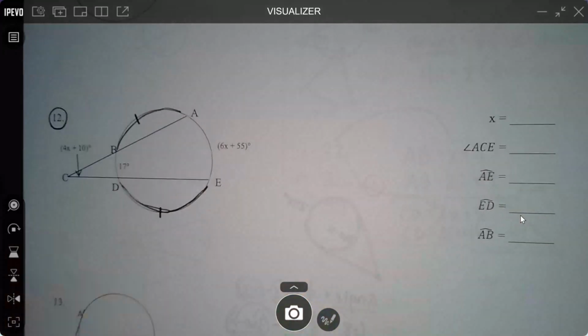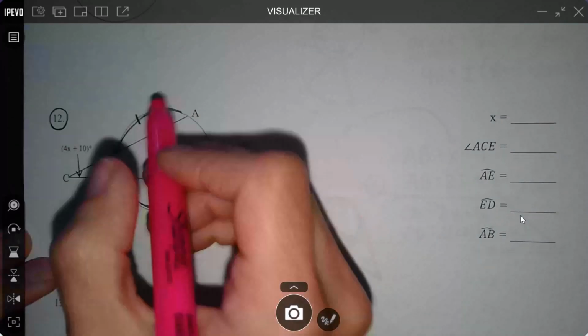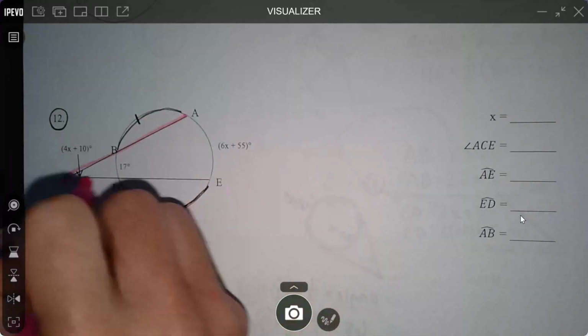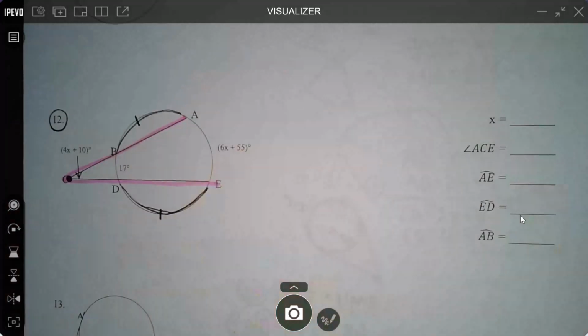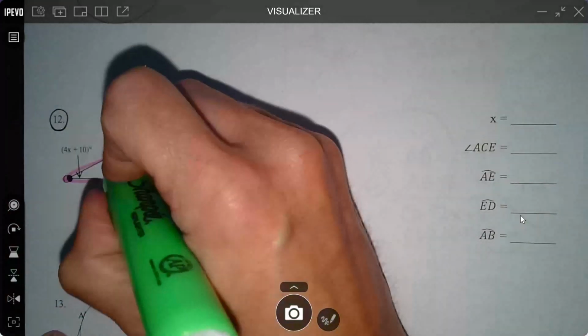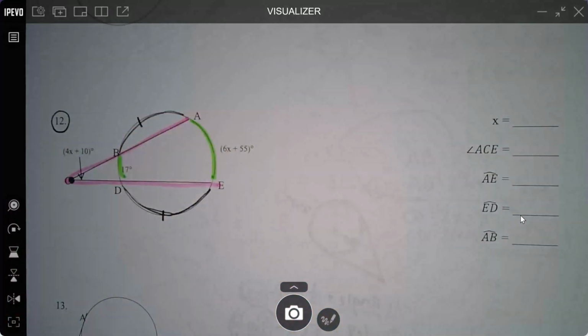We're going to highlight our angle. Here's my vertex, so I can already tell it's outside, and I've got 2 arcs inside. What 2 arcs would that Pac-Man mouth eat? It would eat both of those green arcs.